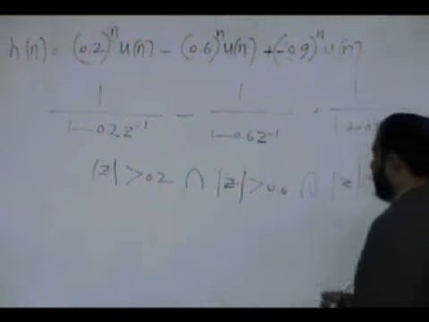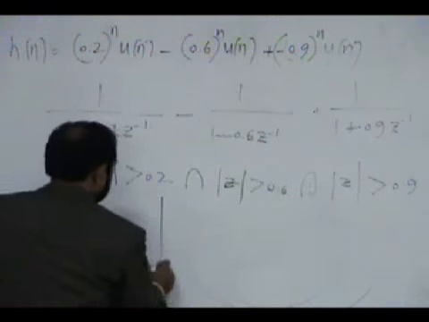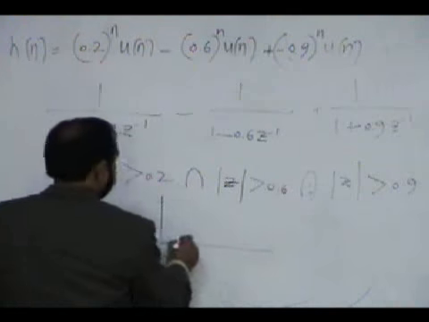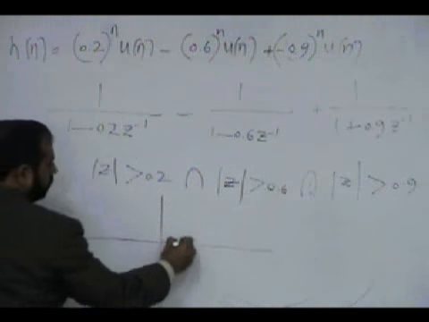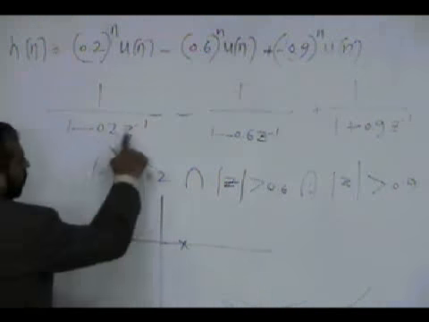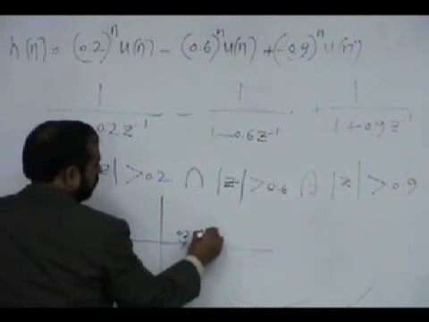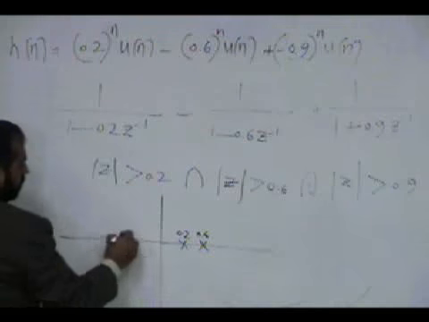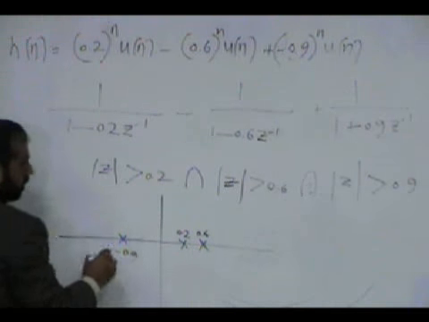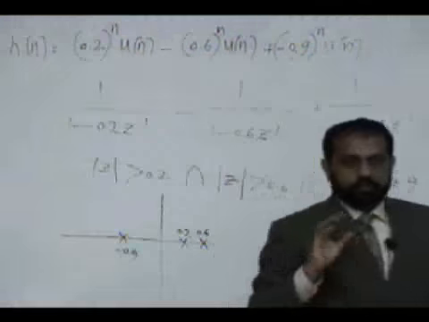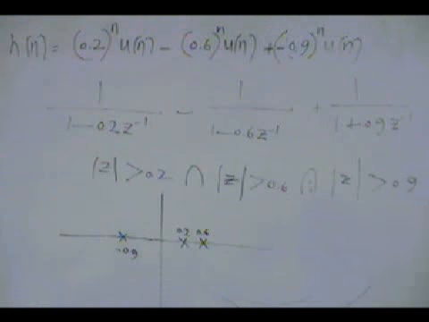Okay, so you can draw poles. So this is a pole at 0.2, the other pole is 0.6, and the other pole is minus 0.9. If all these sequences are right hand side sequences, it is very easy to compute the region of convergence.